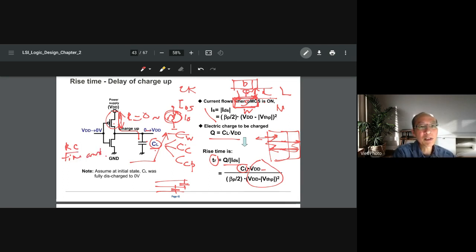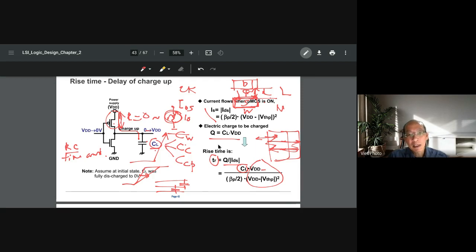This one will decide the rising time and the delay. The rising time and the delay, because if the rising time is like that, it's measured from VDD over 2. If it's slower, then the delay will be even slower.